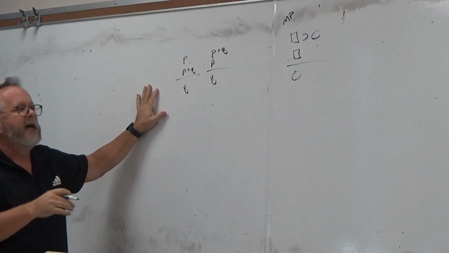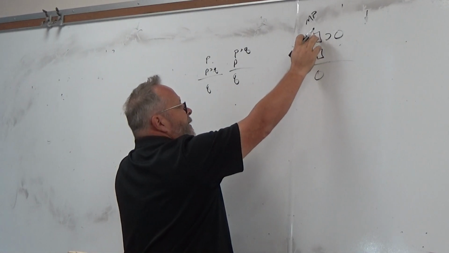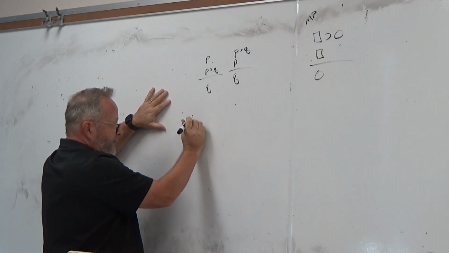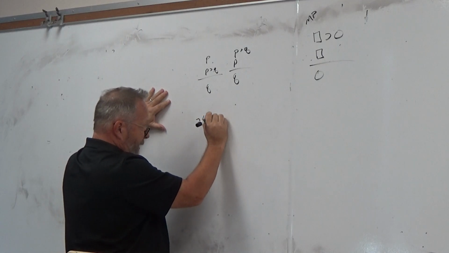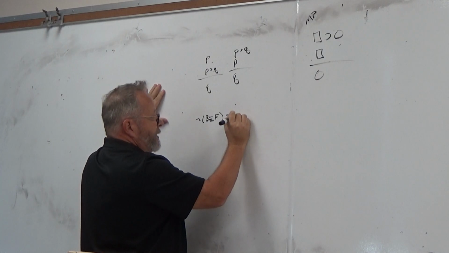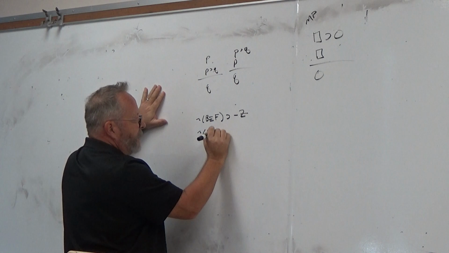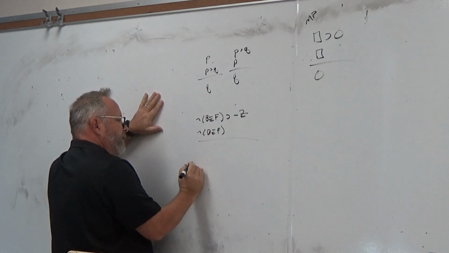Everybody understand that? And because these represent variables that could be simple statements or complex statements, I could have something like this: not B if and only if F, then not Z, and not B if and only if F. From those two things I could conclude what?